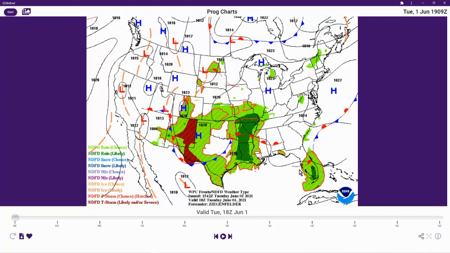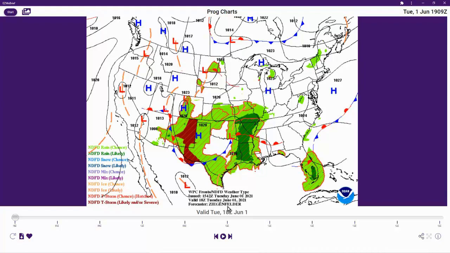But you'll notice that the other features, such as the highs, lows, isobars, and the frontal systems, do expand outside the conterminous U.S. into Canada, Mexico, and off into the oceans. So those fronts, those highs, the lows, those isobars are actually drawn by forecasters at the Weather Prediction Center.